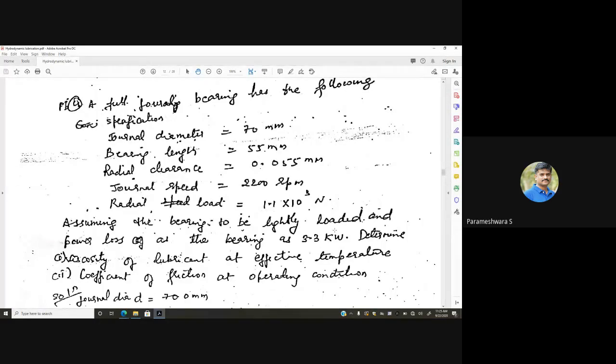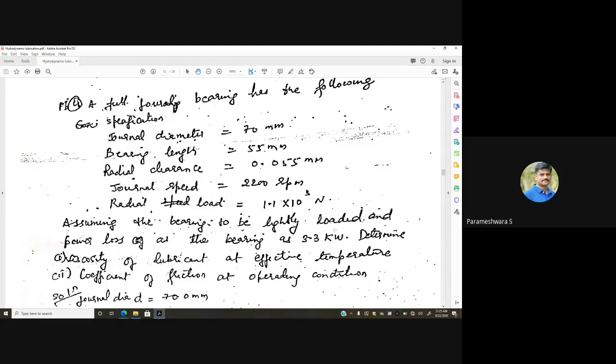With the given data: journal diameter is 70 mm, bearing length is 55 mm, and radial clearance, that is the difference between the radii of bearing and journal, is 0.055 mm. Journal speed is 2200 rpm, and load is 1.1 into 10 raised to 3 Newton.